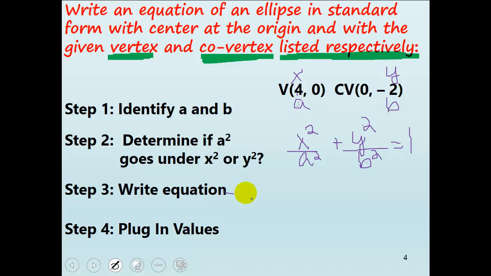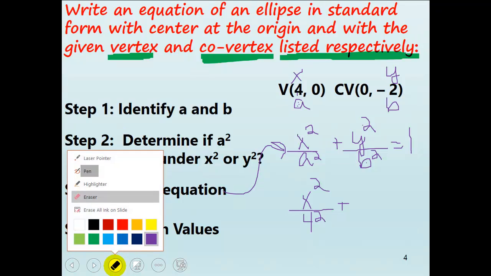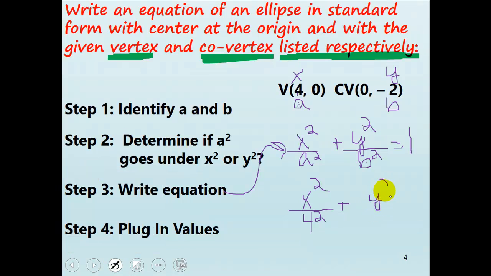Now, we've written the equation, and now we're going to plug in. So we have x squared over what's 4 squared, and then we have y squared over what's b squared.